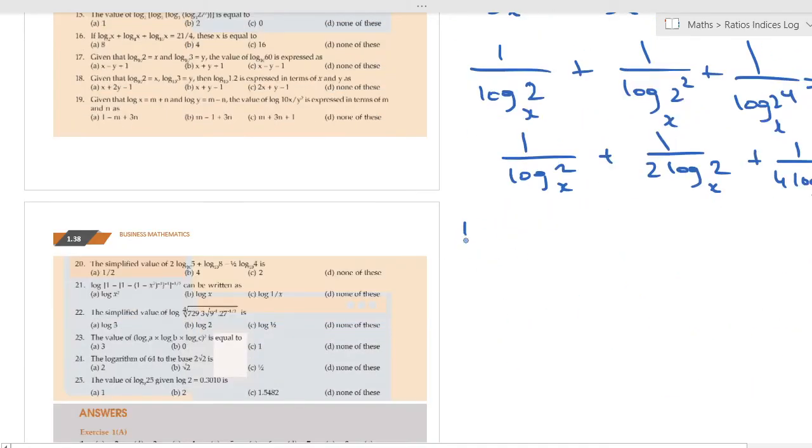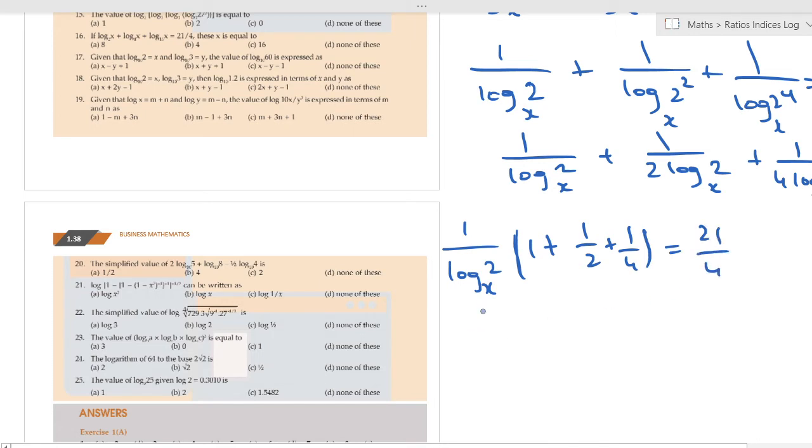So if I take log 2 to the base x as common, it will be 1 plus 1 by 2 plus 1 by 4, equals 21 by 4.